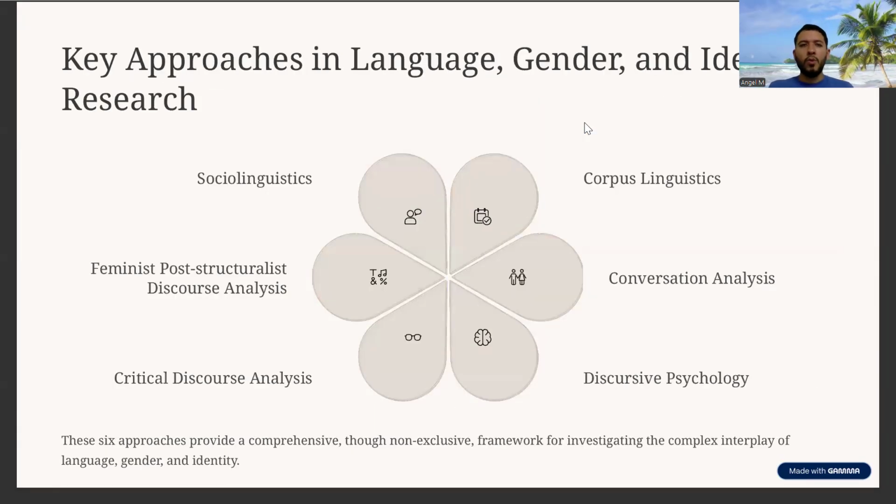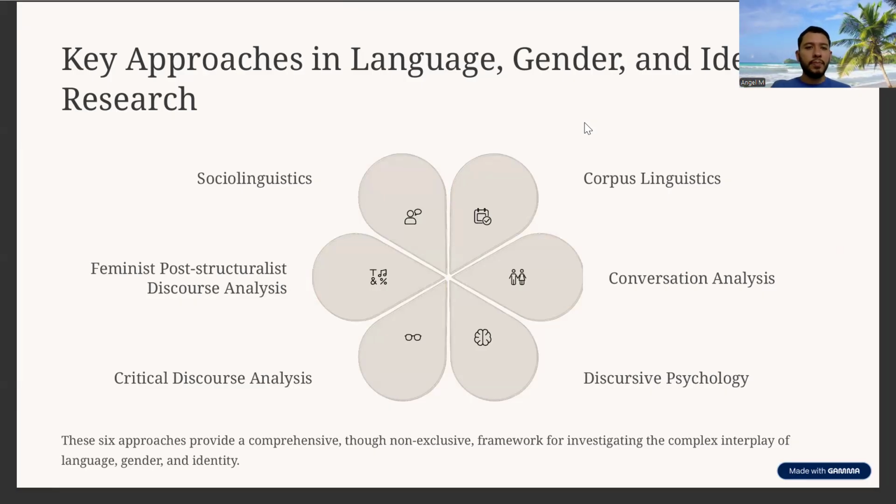All right, we can find different key approaches in language, gender, and identity research. Number one, sociolinguistics and corpus linguistics. Number two, conversation analysis. Number three, discursive psychology. Number four, critical discourse analysis.